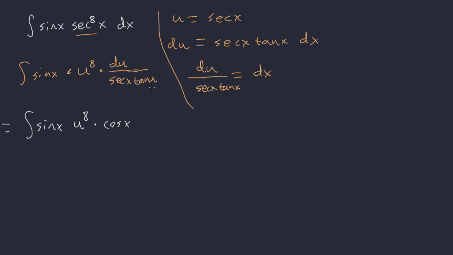And this tangent is sine over cosine, so it's going to become cosine x over sine of x. So the sines will cancel, but we're now left with cosine squared. So this is not actually the way we probably want to do this, right? So what do we do instead?